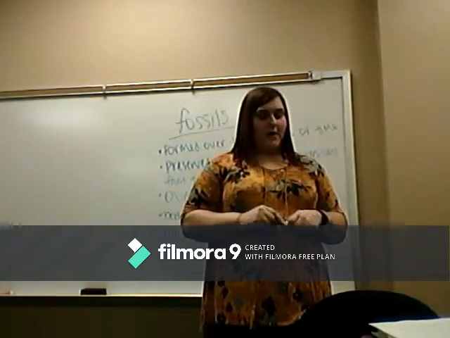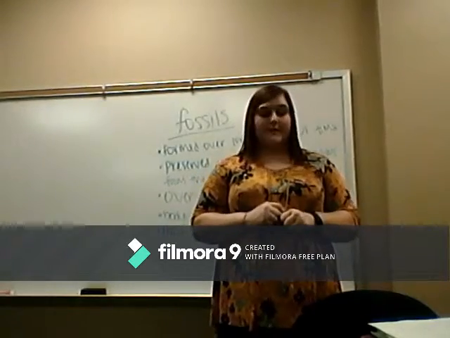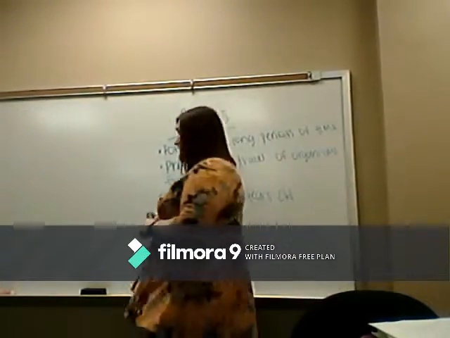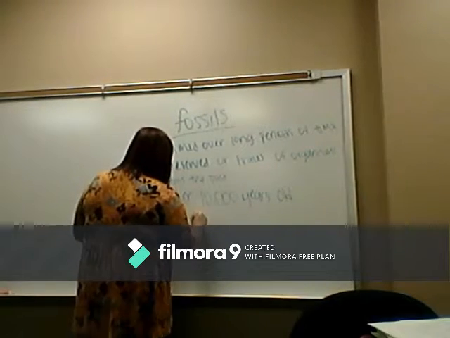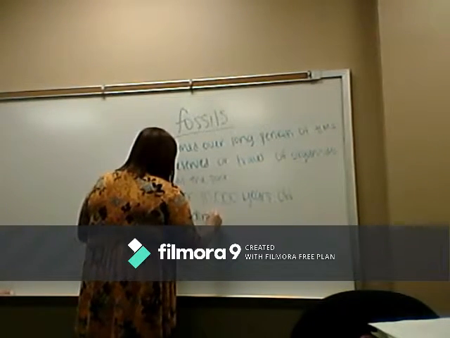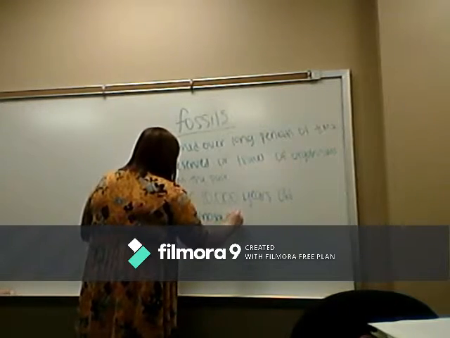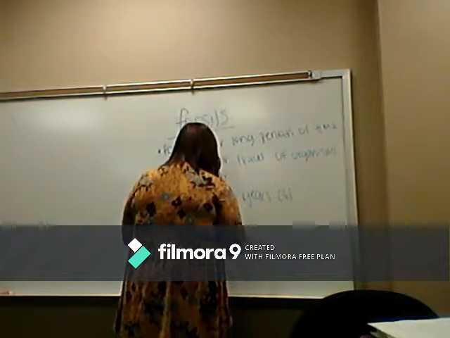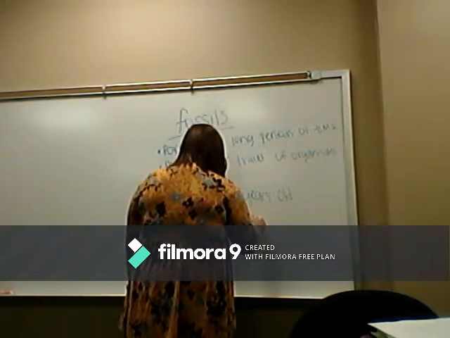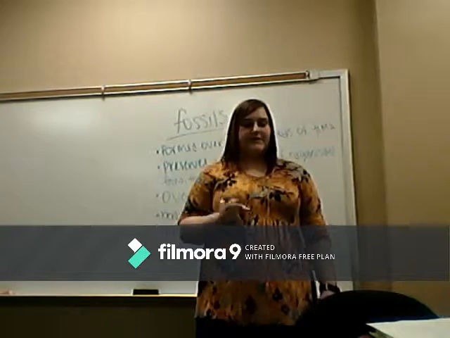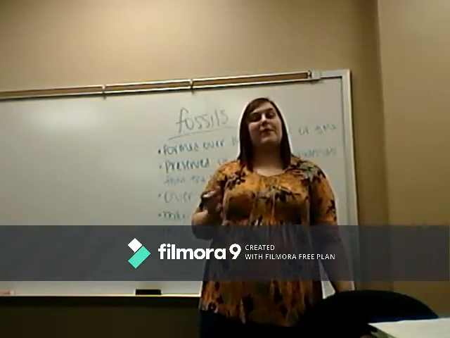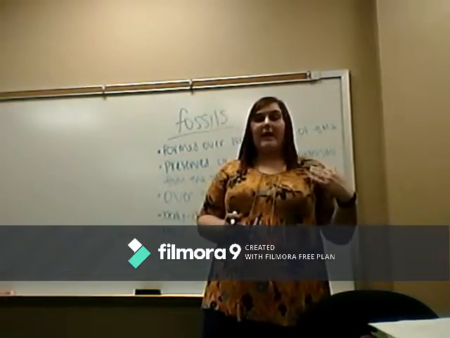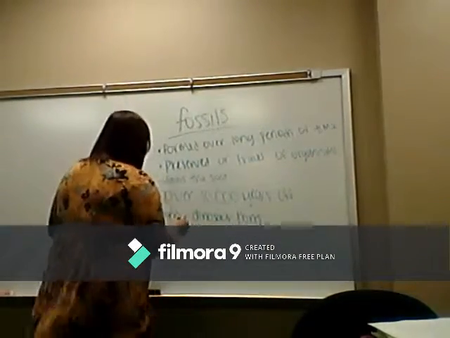Body fossils are plants or animals that were once living, such as fossilized dinosaur bones. Trace fossils are signs of once living organisms, such as footprints that may have been left behind from other organisms.